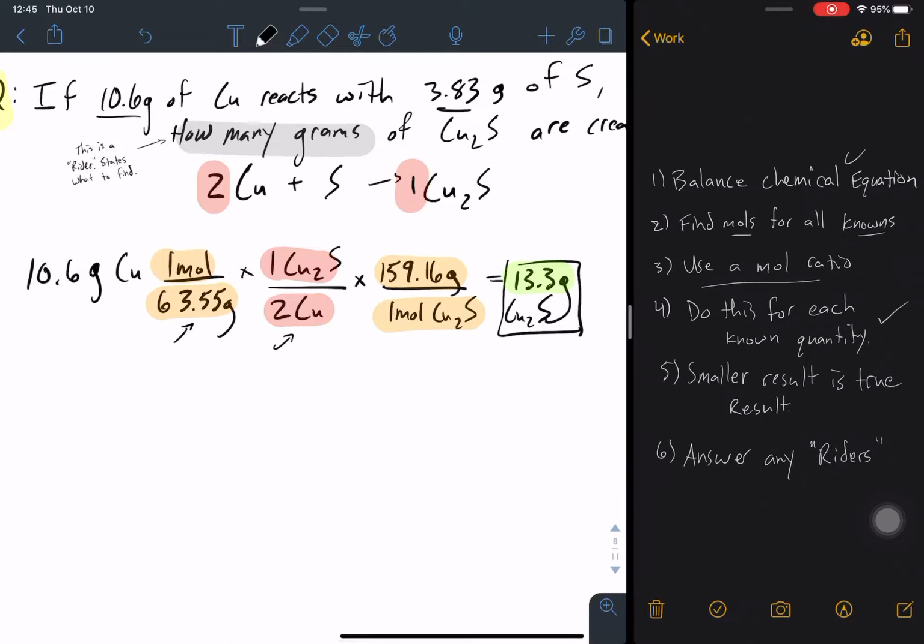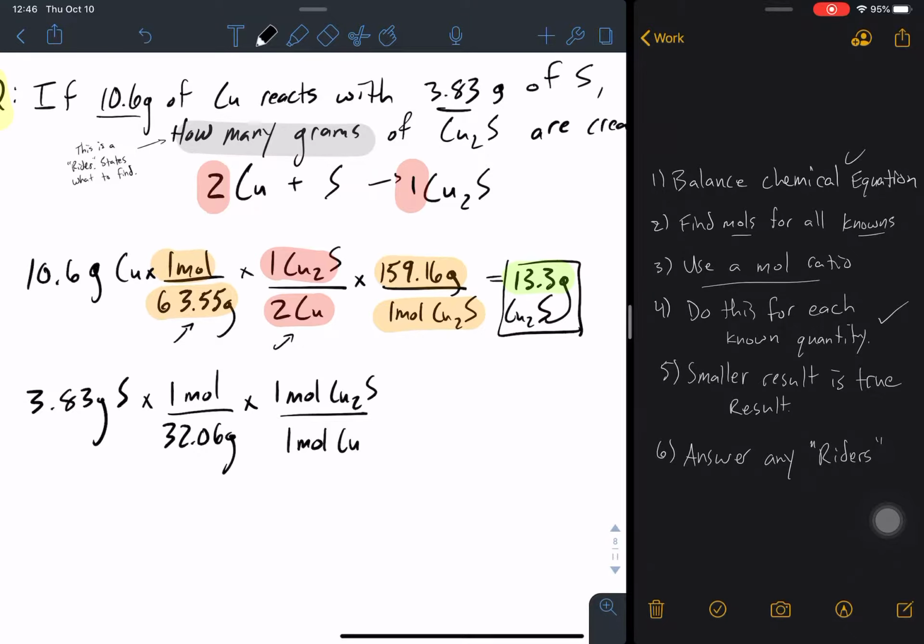So again, I have to do this with sulfur. Now, notice the difference here when I go through this. 3.83 grams of sulfur times, I forgot my times up there, times the actual molar mass of sulfur. So 1 mole all over sulfur is worth 32.06 grams, times 1 mole of Cu2S all over 1 mole of S. So here, the difference between the 1 S up top and this 1 Cu2S is a 1-to-1 ratio.